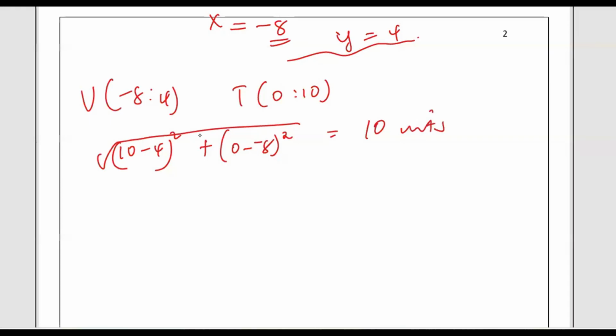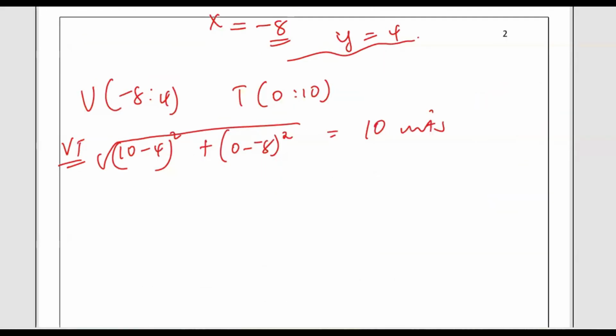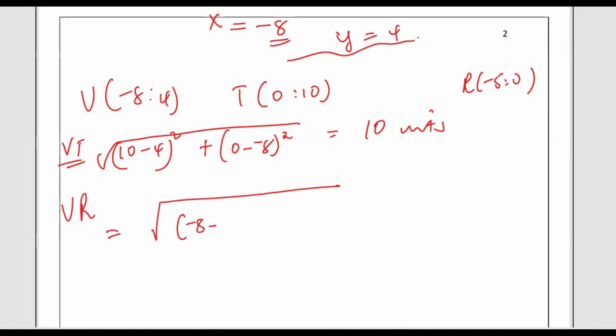Okay, then we said we also need which other distance? We need the distance VR. Okay, so VR, we know that our R is going to be a -5 and 0, meaning that it's going to be the square root of -8 minus -5 squared, then plus 4 minus 0 squared.